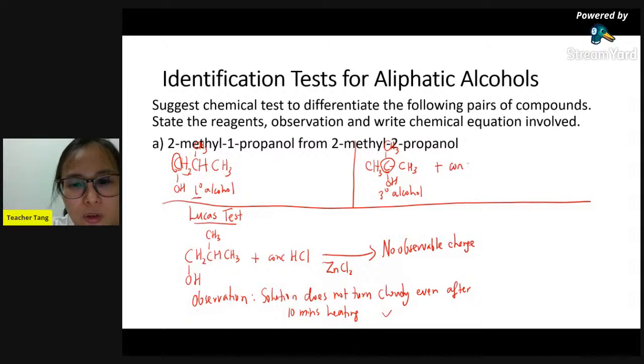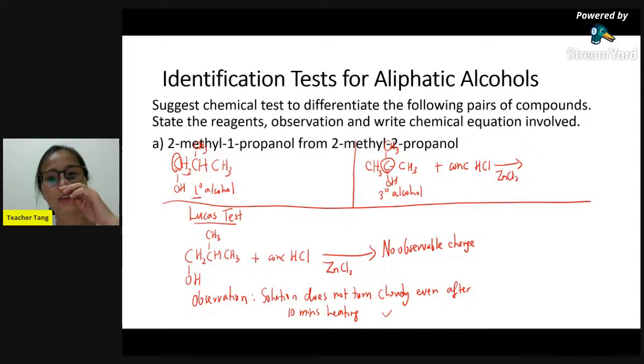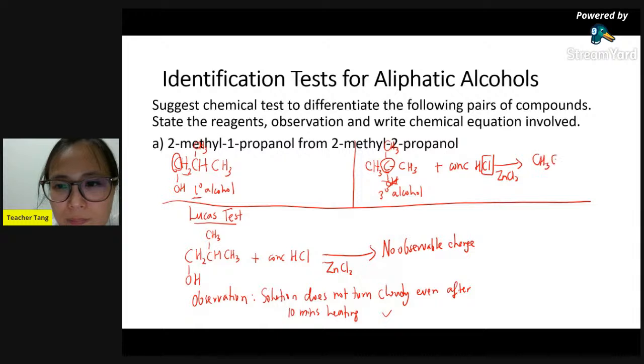So react with Lucas reagent. So this is tertiary alcohol, substitution reaction boleh berlaku di mana Cl ganti the OH, so you get the product.